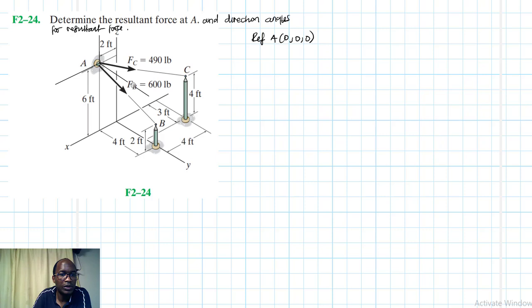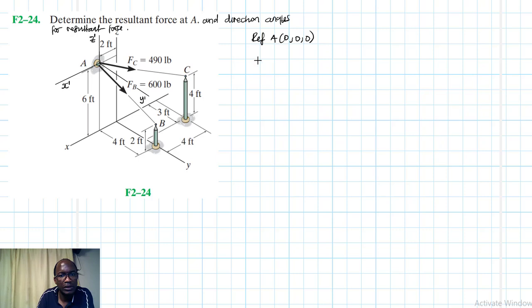Let me just wrap this point here. So let me label it. This is my Y prime. This is my X prime. This is my Z prime. Great.